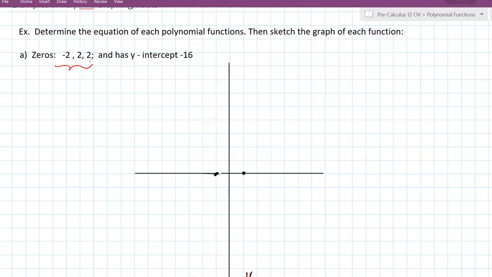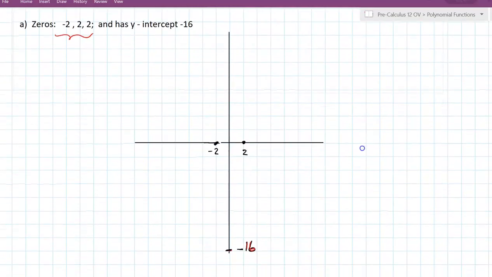Okay, so let's find out where they are. This is -2, so each of my partitions is 2 units, so that's -2, and that is 2, but then we have 3 zeros and only 2 here. And then we also have -16 as the y-intercept. So that's a cubic function. Make a note.